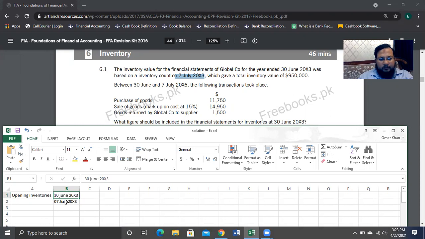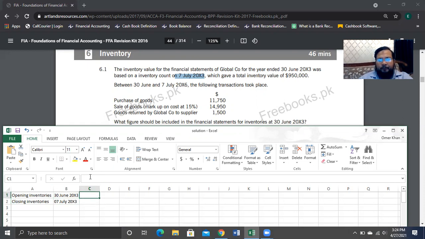So it means that when you have two different dates, then obviously the opening inventories will belong to the date which is coming earlier than the 7th July. So we have 30th June, which is the opening date, and 7th July, which will be the closing date. So the inventories count at 30th June will be the opening inventories, and the inventories count on 7th of July will be considered as closing inventory.